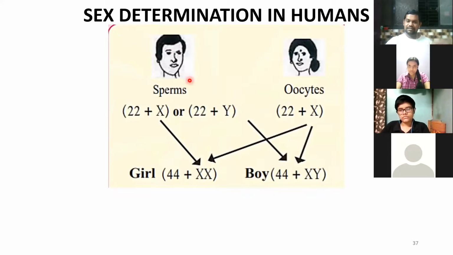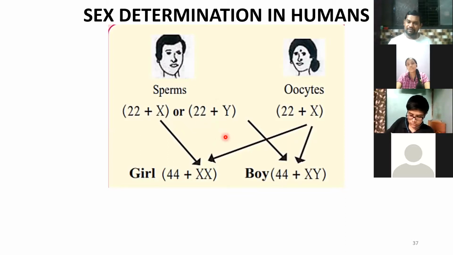The sperms which are produced are of 2 types. Remember, 2 types, not 2 sperms. We have seen there are 200 to 400 million sperms. All of them are of 2 types. 50% of them will have 22 plus X, and the remaining 50% will have 22 plus Y.